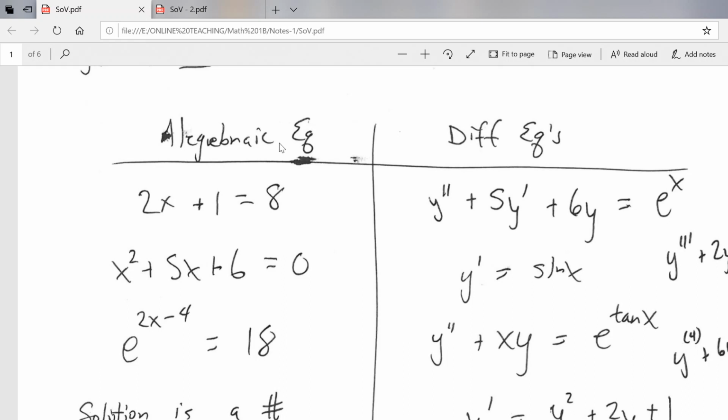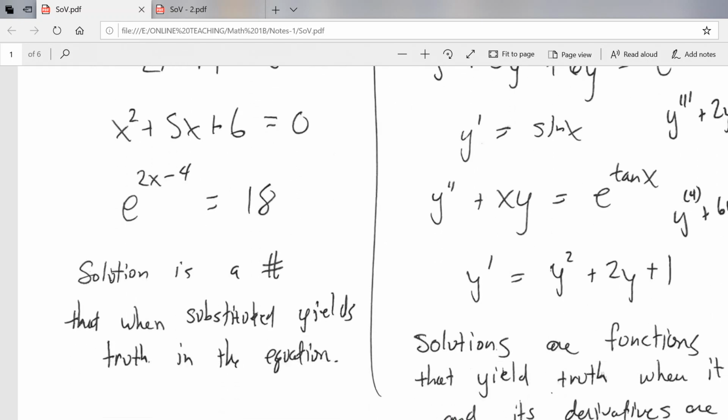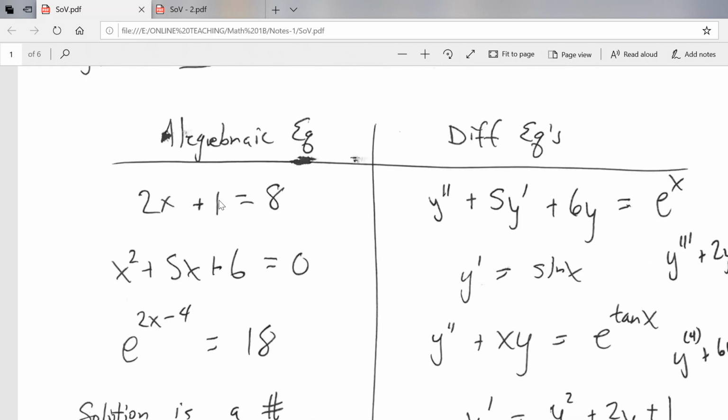In an algebraic equation, the solution is always a number, that when you substitute back into the equation makes it true. And so in this one, 7/2 would be the answer. If you subtract 1, you get 7. Divide by 2, you get 7/2. 2 times 7/2, the 2's would cancel, so you get 7, and then 7 plus 1 is 8, and so it checks out.